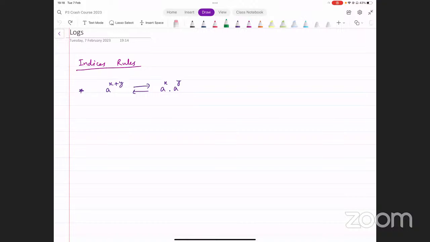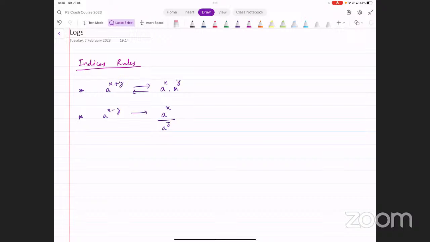Then there was another one that was very similar to this. When you have a raised to power x minus y, this can be written as a raised to power x over a raised to power y. You can actually split it like this. All right. Again, you're more used to using this the other way around.